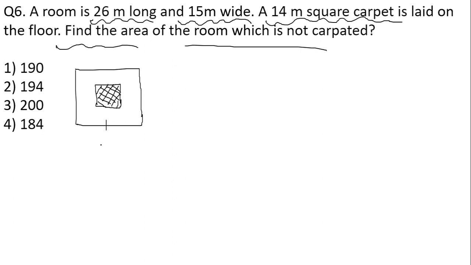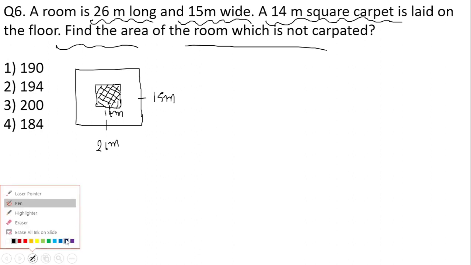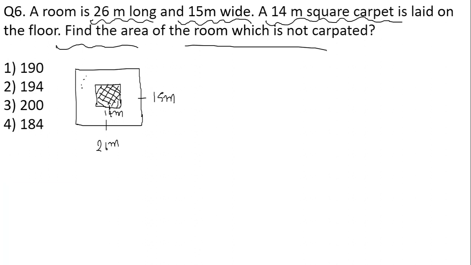The length of the room is 26 meter. The width of the room is 15 meter, and a 14 meter squared carpet is laid on the floor. We have to exactly find out the area which is the non-carpeted area, this one, the one which I am drawing in blue.